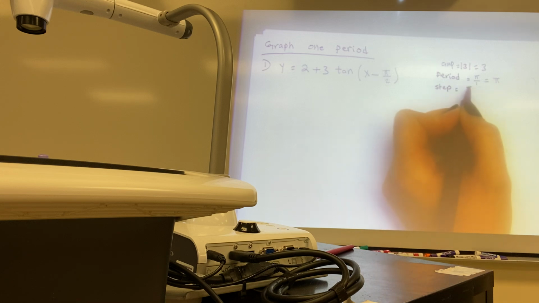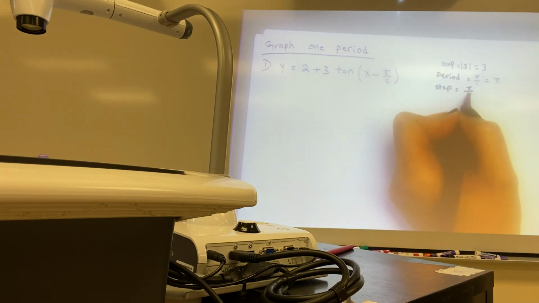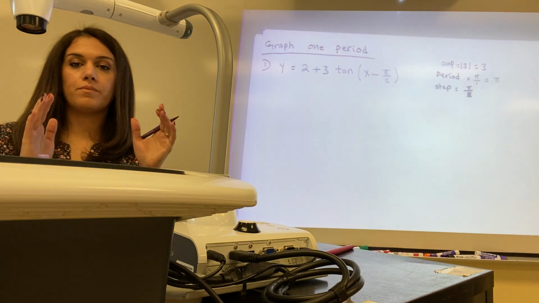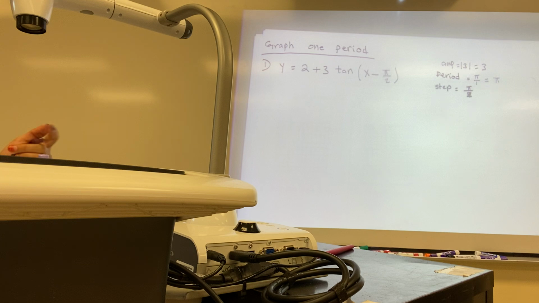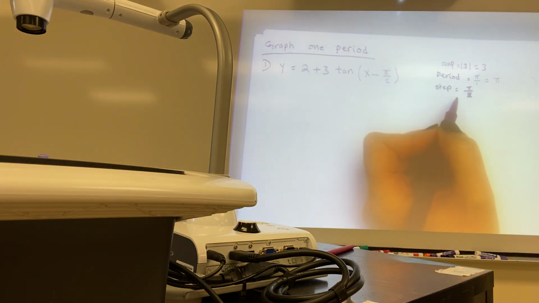We'll divide pi by 4. Oh, not 4, that's my bad. It will be by 2, right? Because in one period we have 2 steps, we said, of tangent and cotangent. So the step is the period divided by 2.